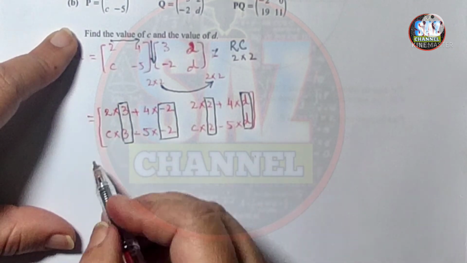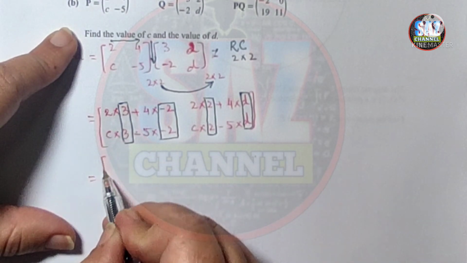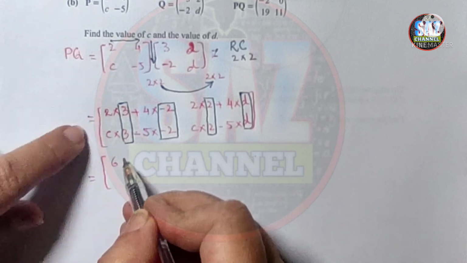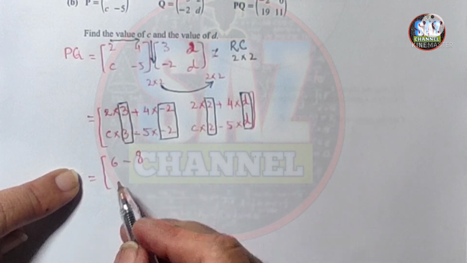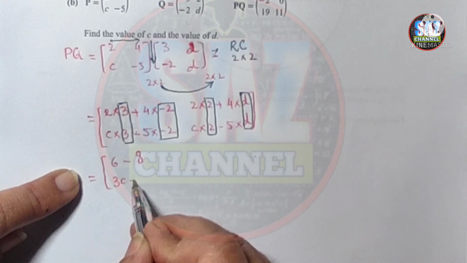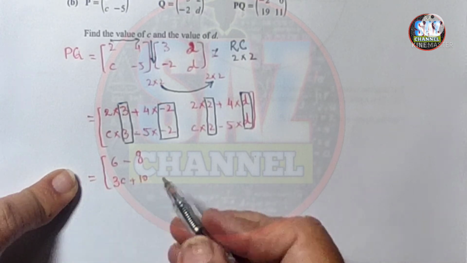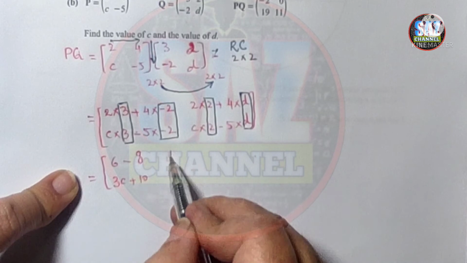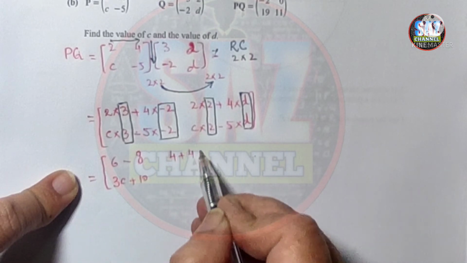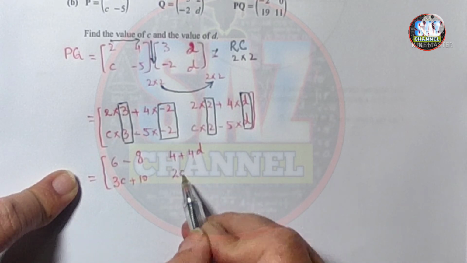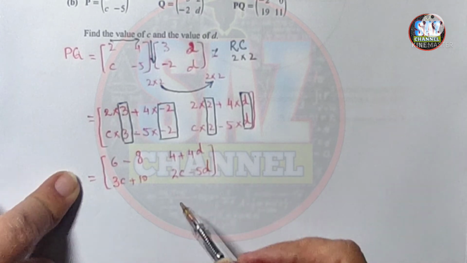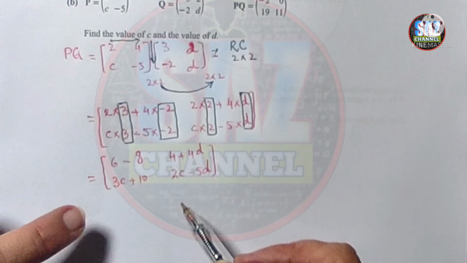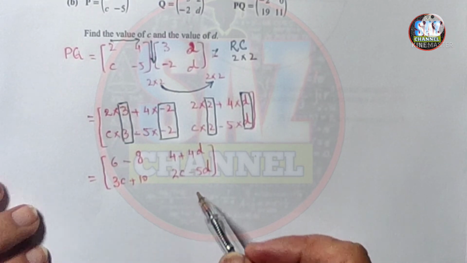Okay, now what we can do is that this becomes 6 minus 8, and this is 3C plus 10, and then this is 4 plus 4D and 2C minus 5D. Okay, this is the product we are getting with the help of the given matrices.